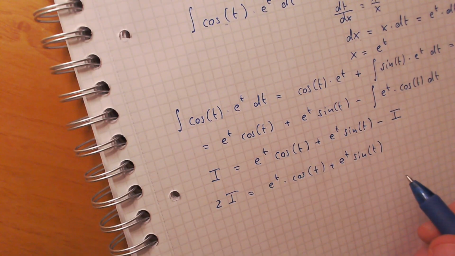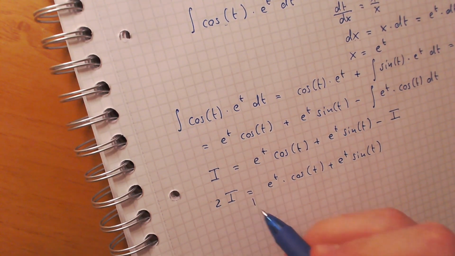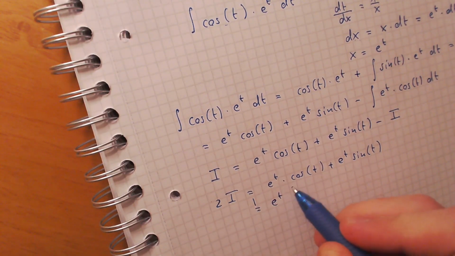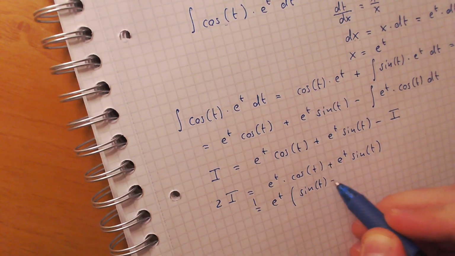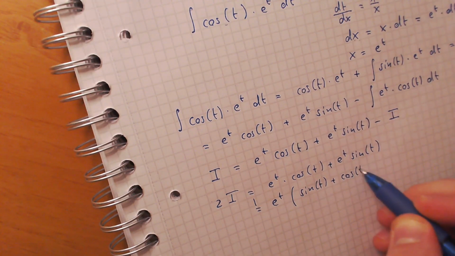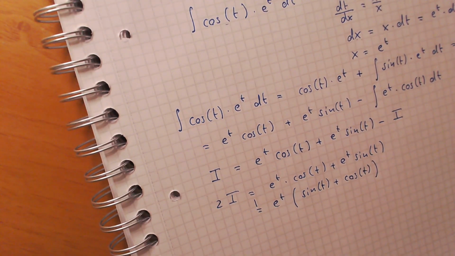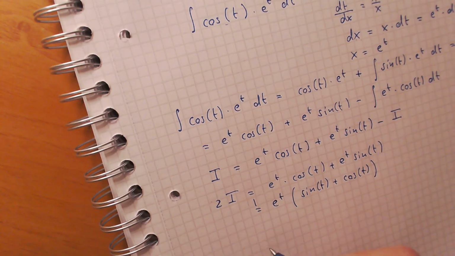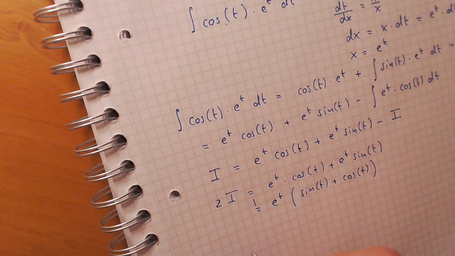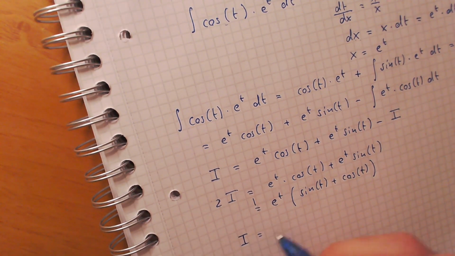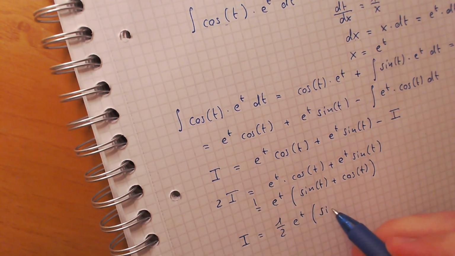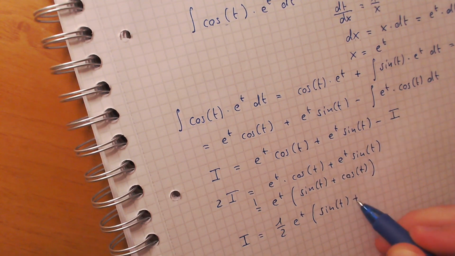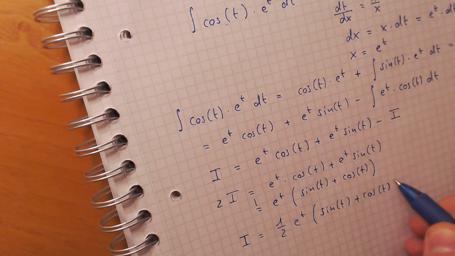Okay, and also sort out e^t and write sine of t plus cosine of t. Okay, so here basically we can say that I is 1/2 e^t times sine of t plus cosine of t.